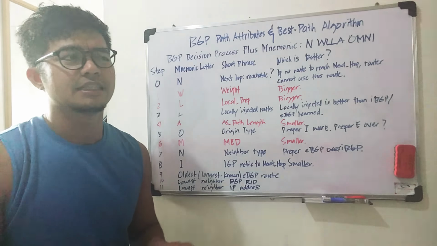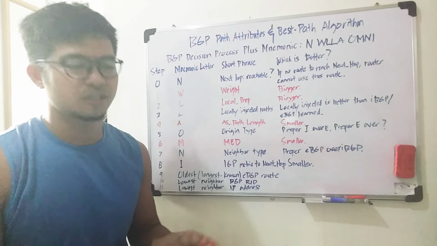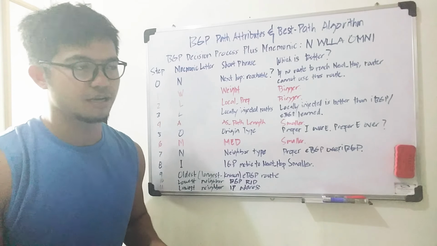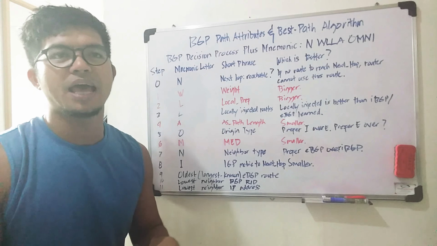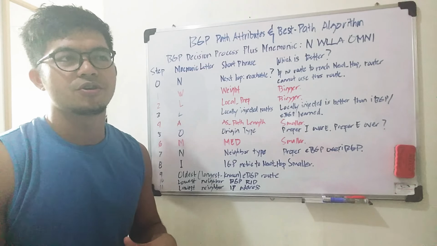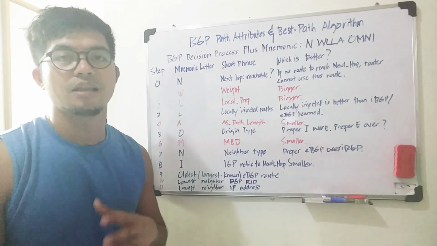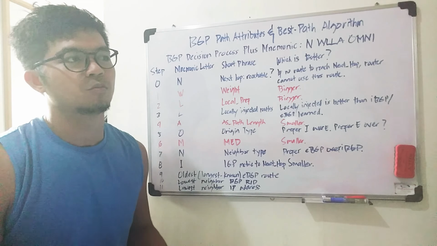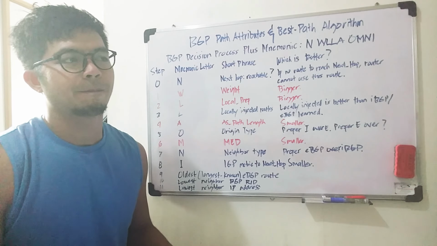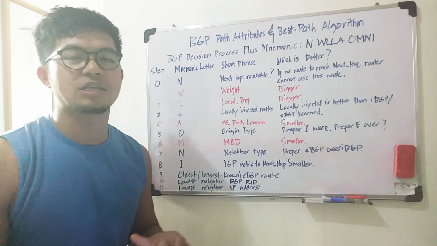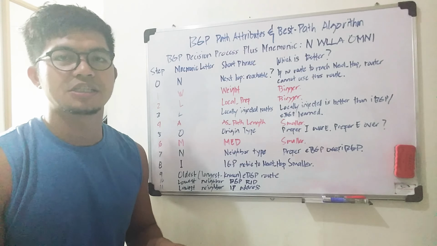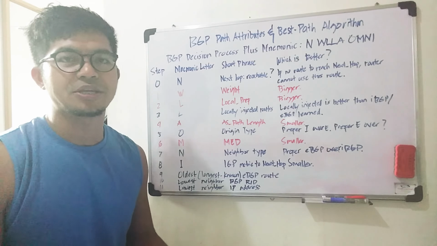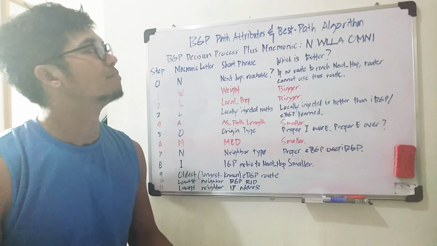It is basically the process that BGP uses to select the best path for a single prefix or for prefixes. And that best path is the one that is installed into the IP routing table.